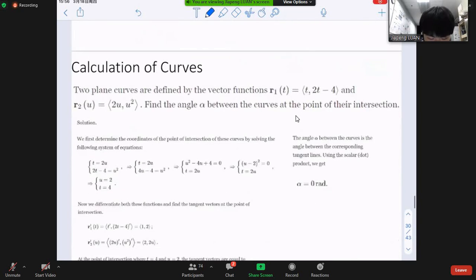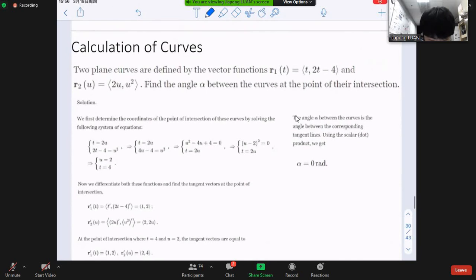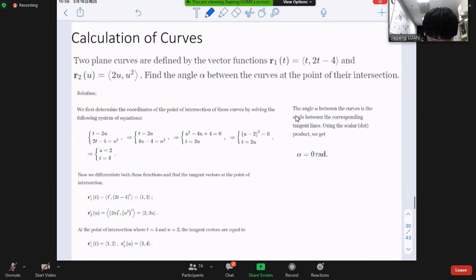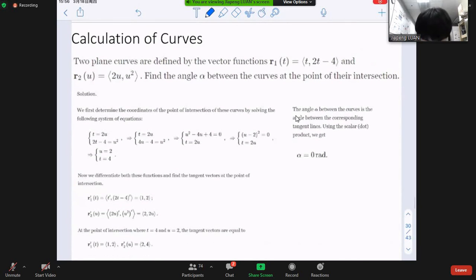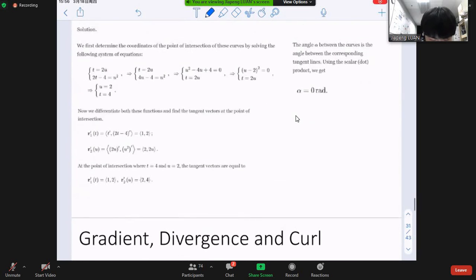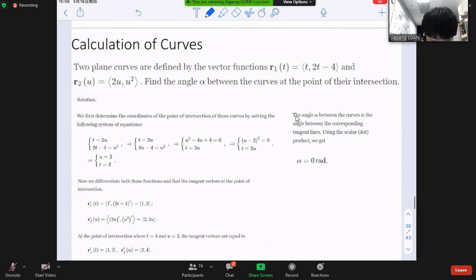And here, actually, first you need to calculate the tangent vector of this. So R1, it doesn't matter whether it is the tangent vector or the unit tangent vector.